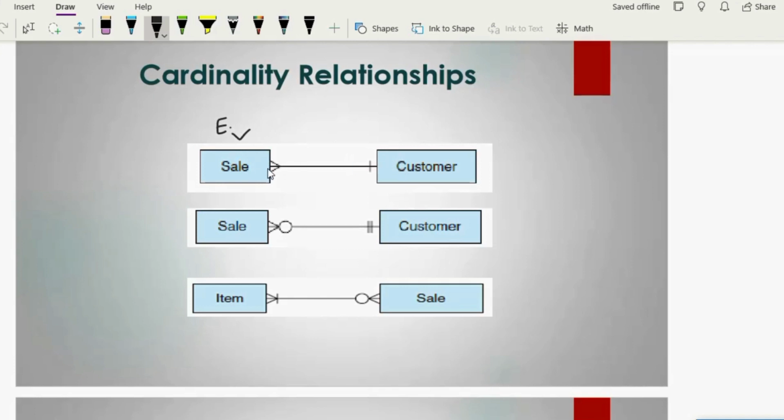So sale should have at least one customer. Without having a customer there will be no sale, right? So I cannot say no sale could have no customer. No, sale should have minimum of one customer, and one customer could have many sales. He can, because he's a customer of the organization, he could have many sales.